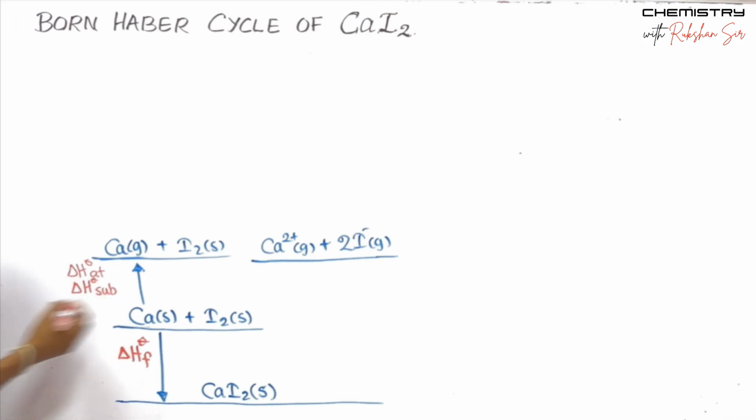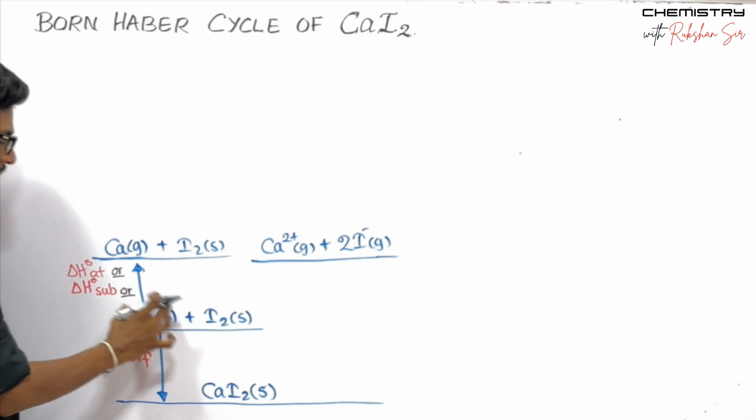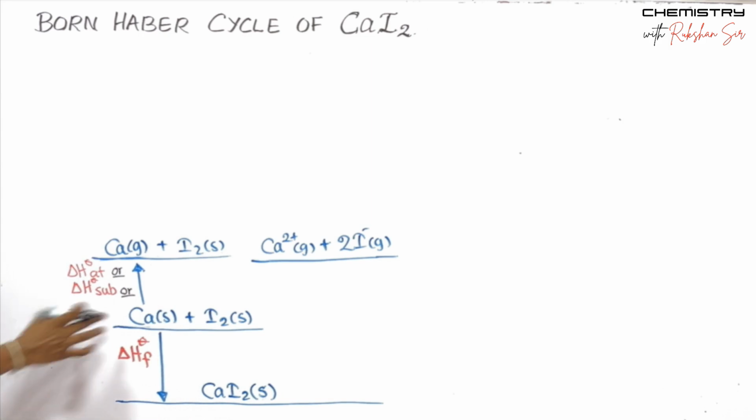According to the data given, you have to decide, right? Or we can apply the fusion plus the vaporization. This also can be applied if the data are given like that, right?